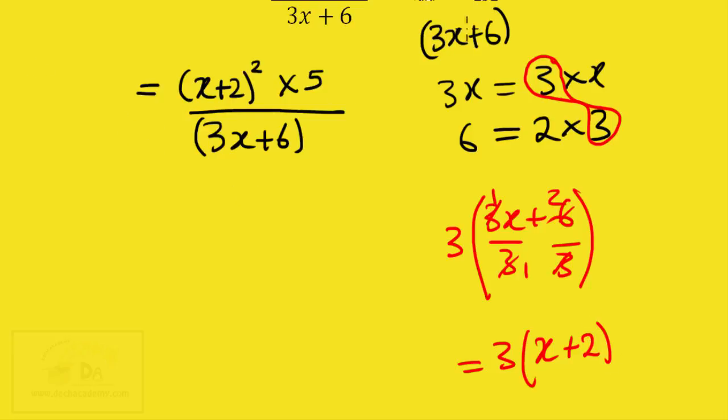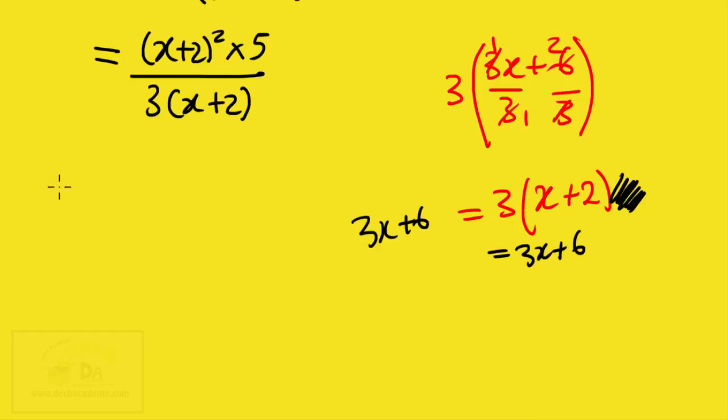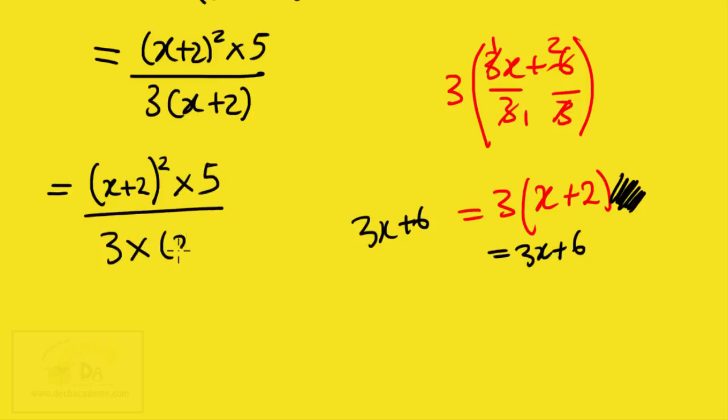Now, if you write 3x plus 6 as its factorized version, because 3x plus 6 is, in fact, 3 into x plus 2. If you expand this expression, you get 3 times x plus 3 times 2, which is 6. So if we replace 3x plus 6 with its factorized result, we get x plus 2 squared times 5 divided by 3 into x plus 2, which is the same thing as x plus 2 squared times 5 divided by 3 times x plus 2.